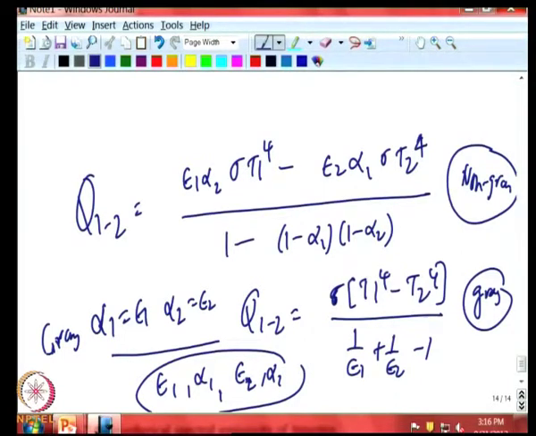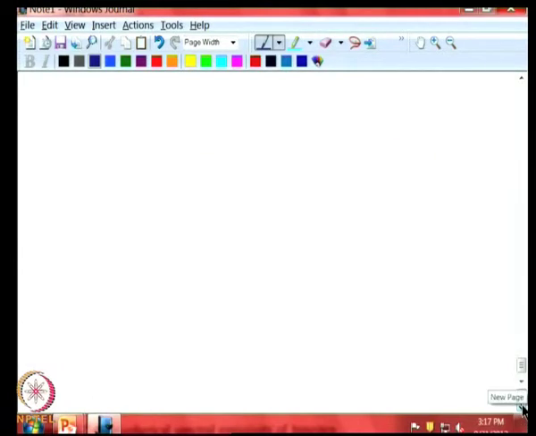There are very few truly gray surfaces that you encounter in the real world, and you have to deal with non-gray surfaces. And I will just illustrate a typical example of a solar collector. All of you are familiar with solar collectors, which are used for collecting solar radiation in solar water heaters.